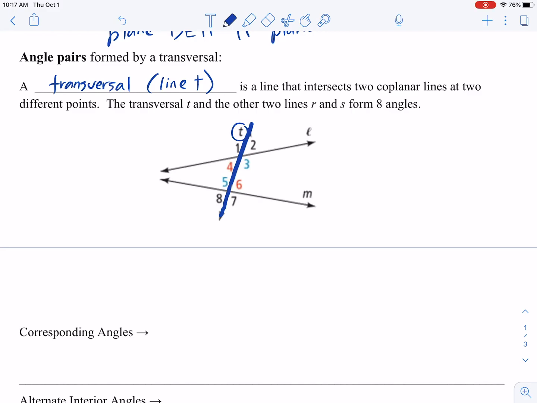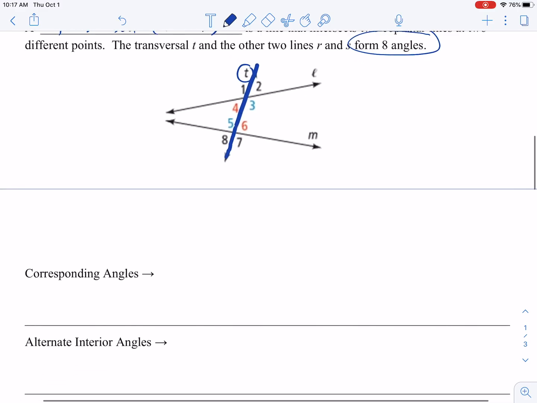Because we have one line intersecting 2 different lines, it's going to form 8 angles, and each of these angles has a special relationship to each other.